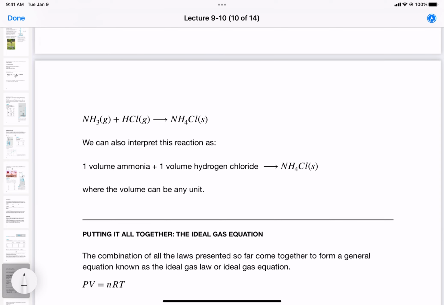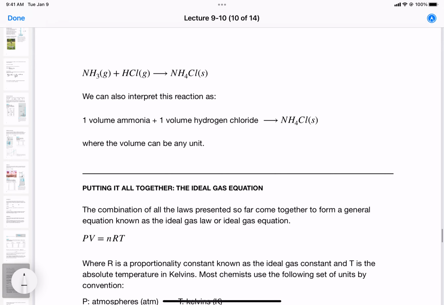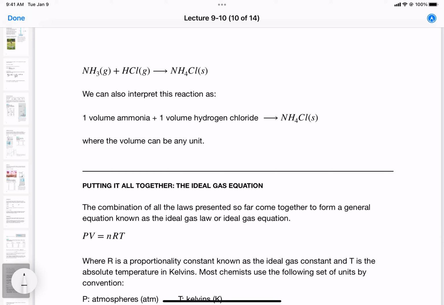We can also interpret this reaction as one volume of ammonia plus one volume of hydrogen chloride gives us ammonium chloride salt, where the volume can be any unit, milliliters or liters, but those are probably the two most common ones we'll encounter.